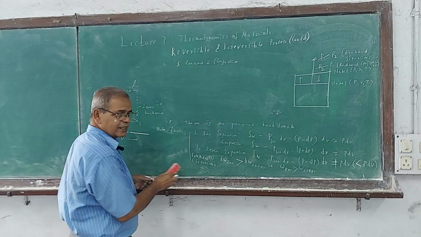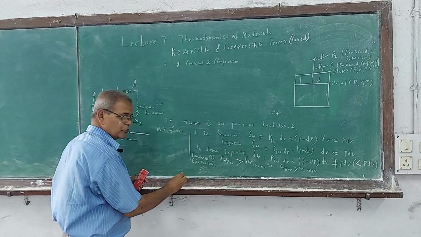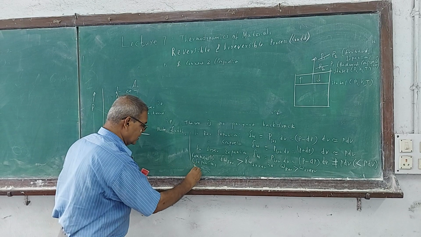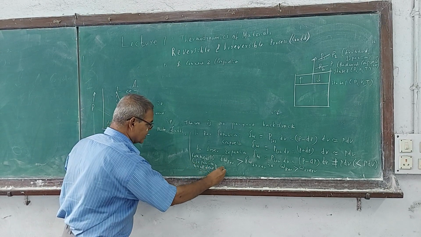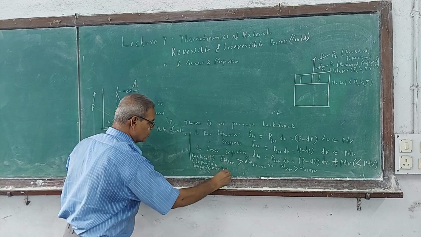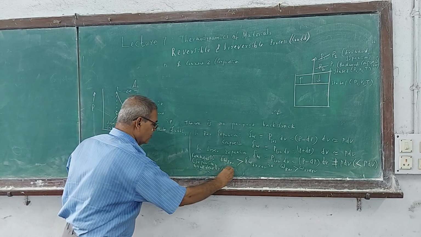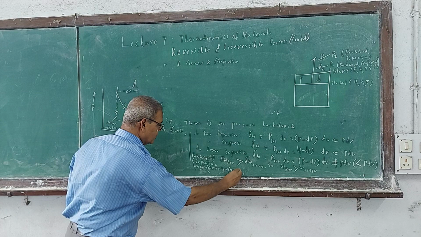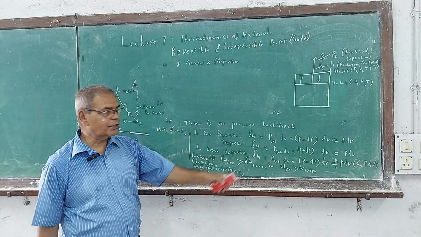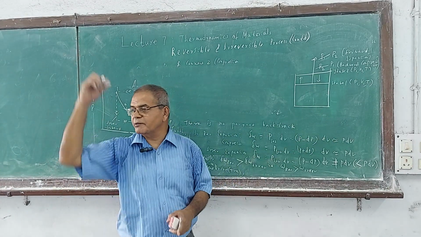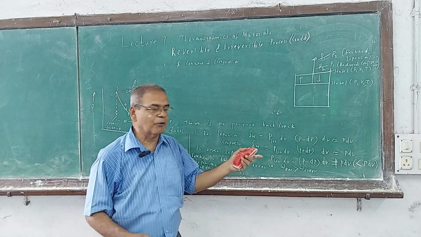Achha, write here also. If possible, work done on system, by system. Expansion, work done by system, and you write positive. Why positive? Because dV is positive, expansion means dV is positive, so positive.